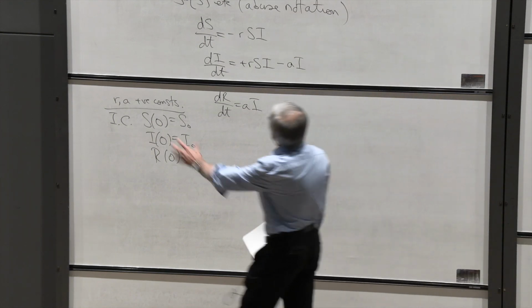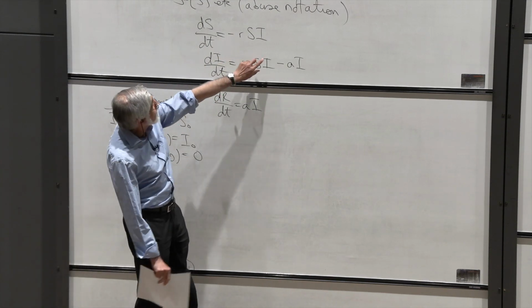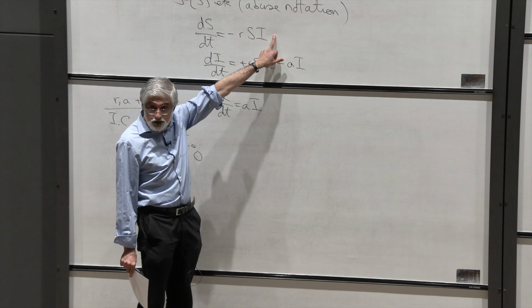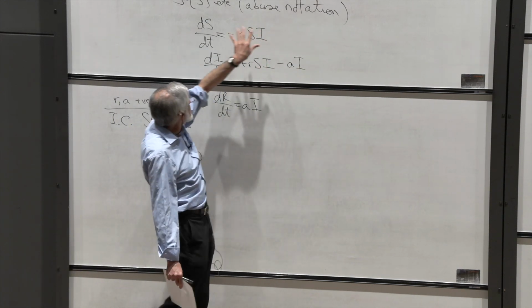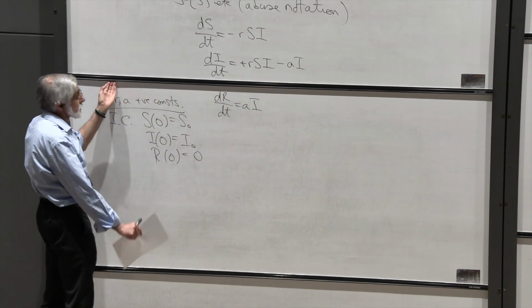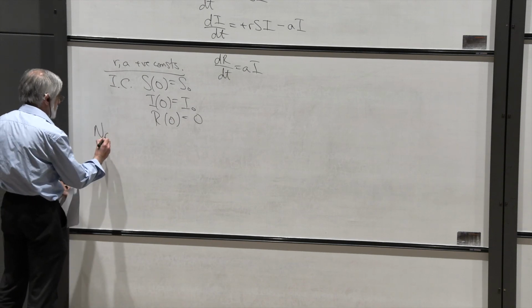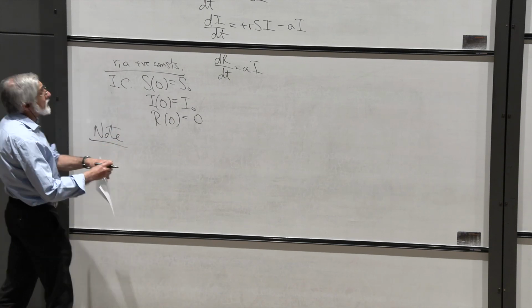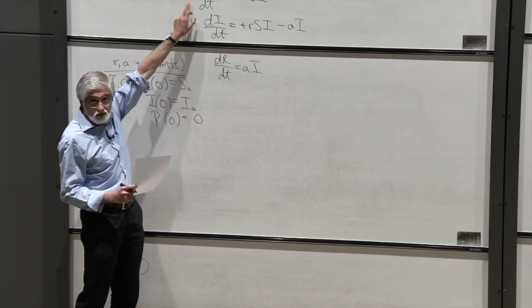And notice that if we were to have natural birth and death, then we'd have a plus some birth term there, maybe logistic death, maybe minus D times S, and minus D times I, etc. So first thing to note is that this equation decouples from these two.